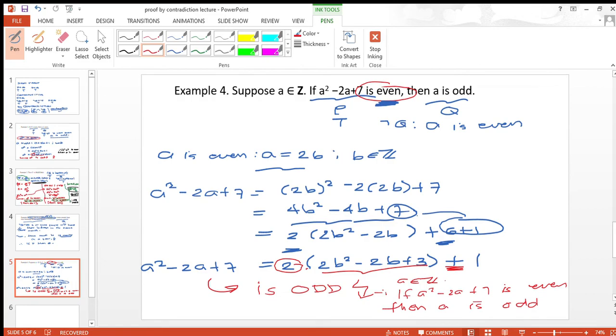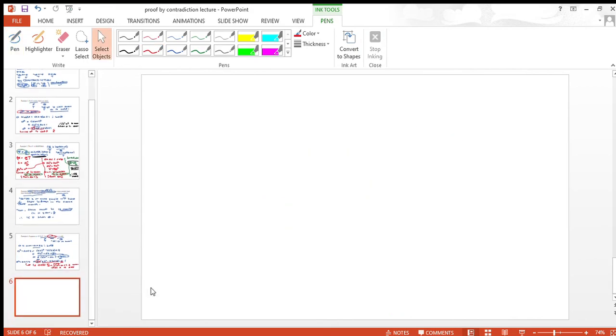Just a quick recap for the proof by contradiction. What is happening here? Quick review. We are given the statement P implies Q. We assume P to be true and we consider not Q to be true as well.